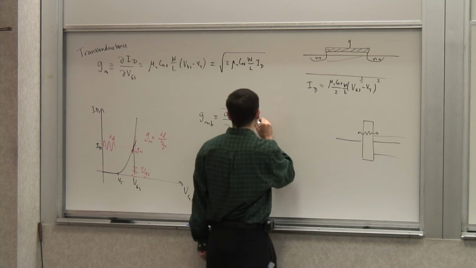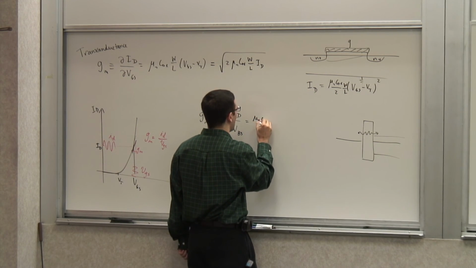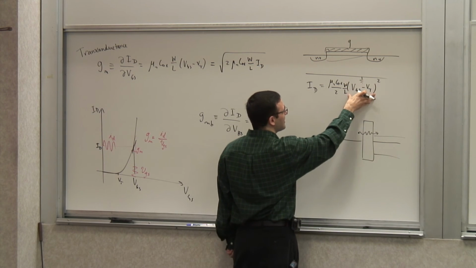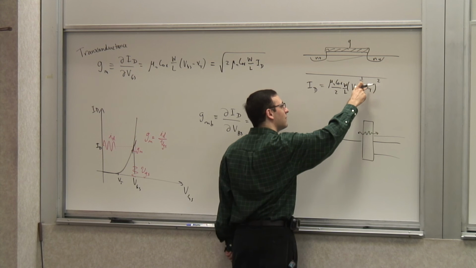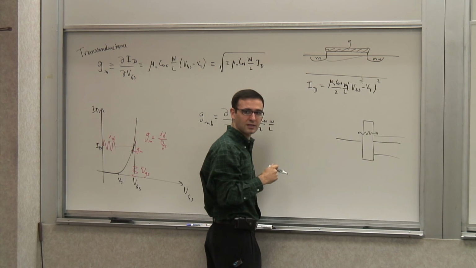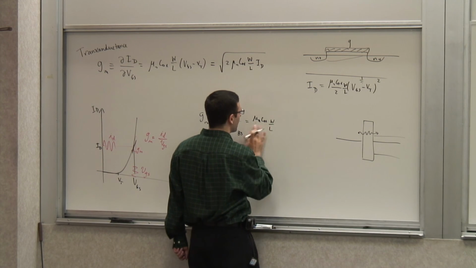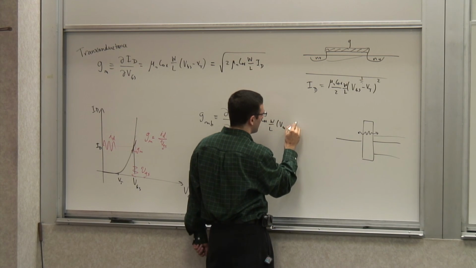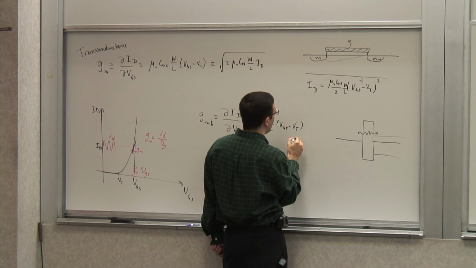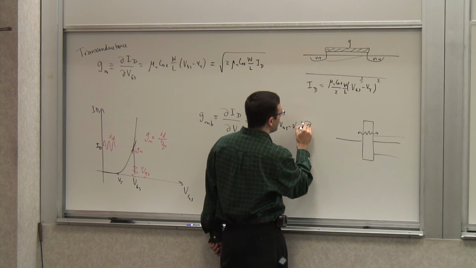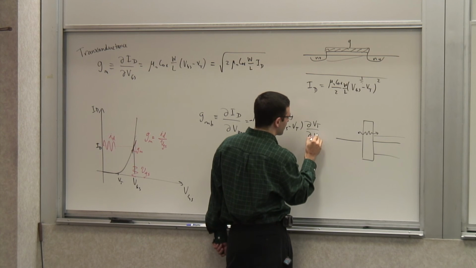All of these terms are constant, so it's mu n Cox over 2, W over L. Now, it's the derivative of this thing times the derivative of what is inside with respect to VBS. The derivative cancels this 2 and gives me a VGS minus VT. And then I have a minus sign because of the VT, so I get a minus sign here. And it's going to be dVT over dVSB.